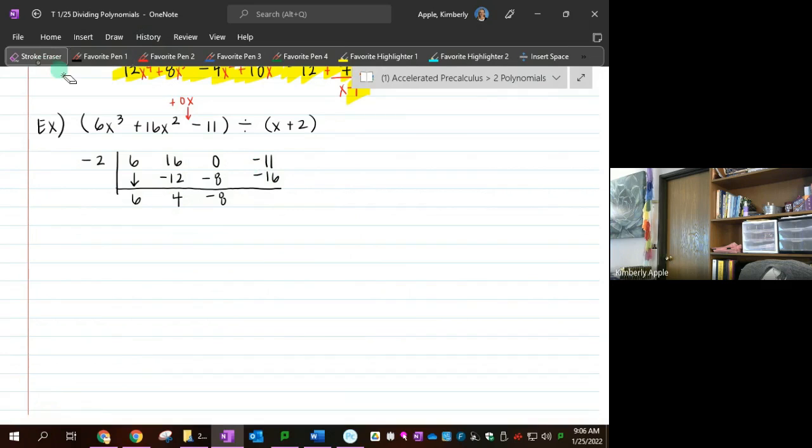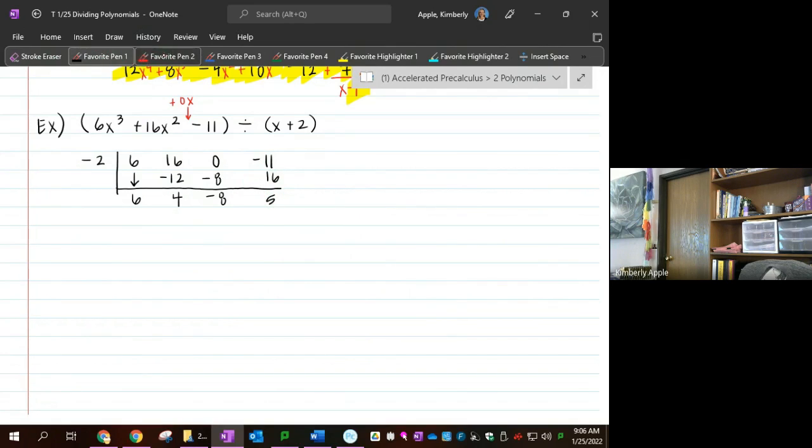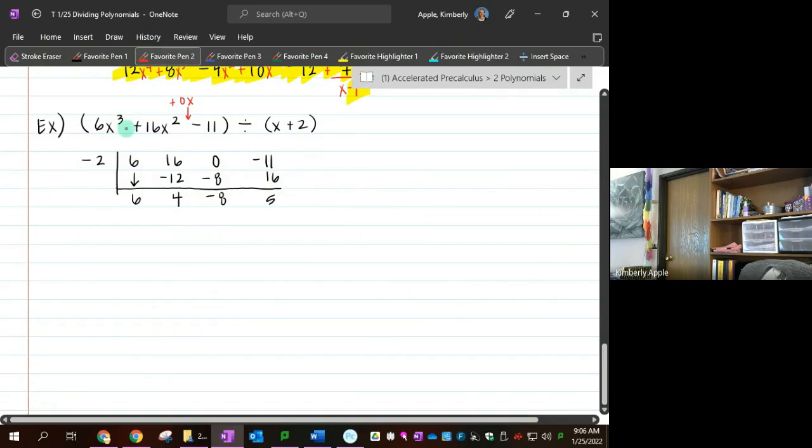Positive 16, my bad. And so this would just be 5. Remember, we dropped 1 degree, so the original degree is 3, so this will be 6x squared plus 4x minus 8 plus 5 over the original divisor. Make my remainder.